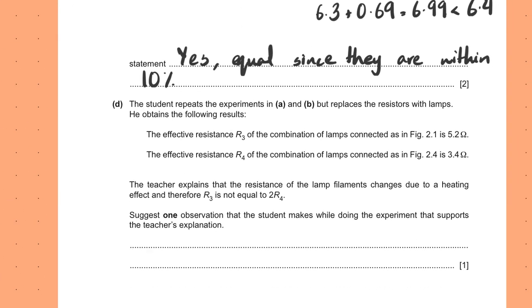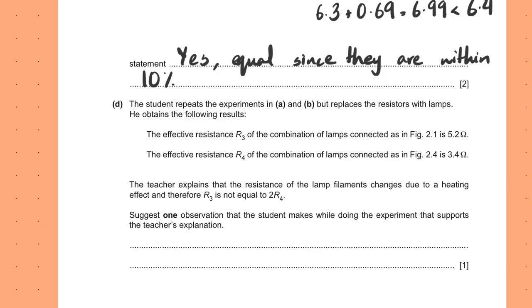The teacher explains that the resistance of the filament lamps changes due to a heating effect, and therefore R3 is not equal to 2R4. Suggest one observation that the student makes while doing the experiment that supports the teacher's explanation. So what would happen if the resistances are changing?